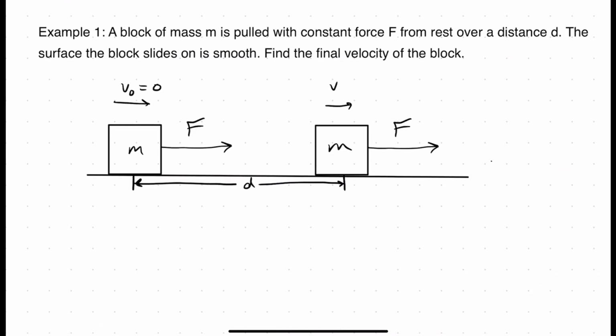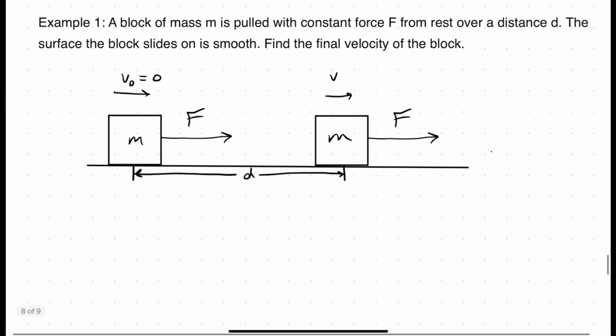A block of mass m is pulled with a constant force of F over a distance d. The surface the block slides on is smooth. Find the final velocity of the block. So let's start off with our equation.